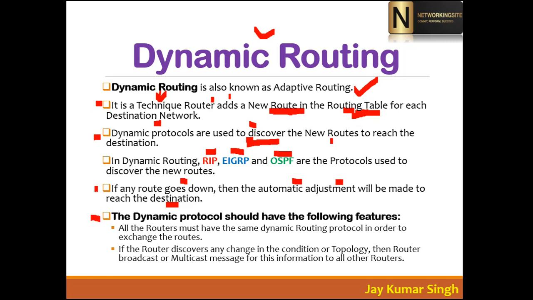The dynamic routing protocol should have the following features. When you want to communicate and exchange information with your neighbor, your routing protocol and your neighbor's routing protocol must match to exchange the information.